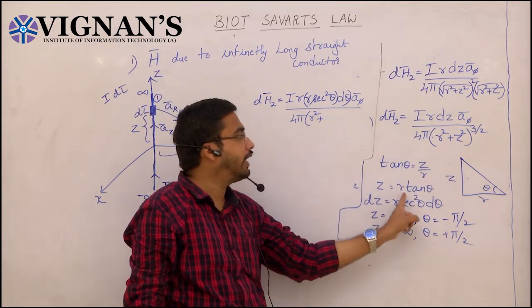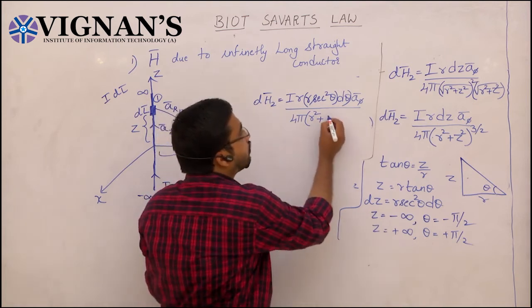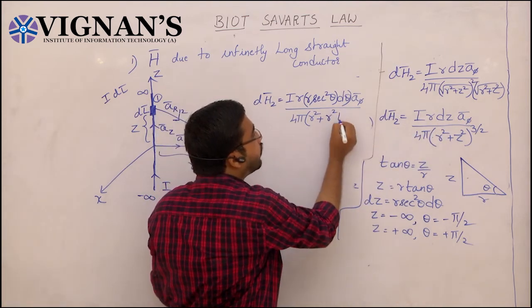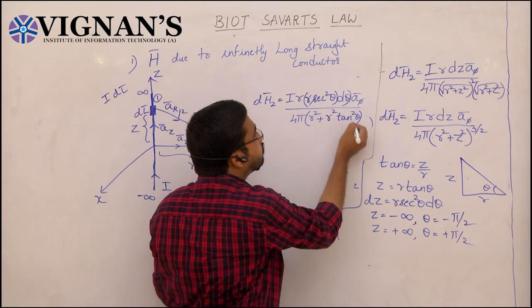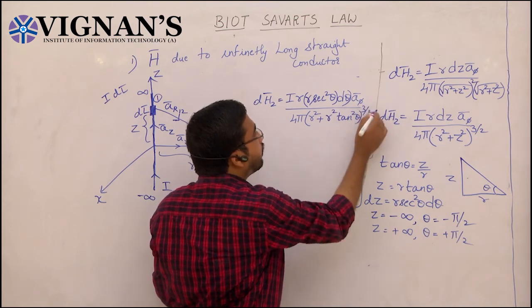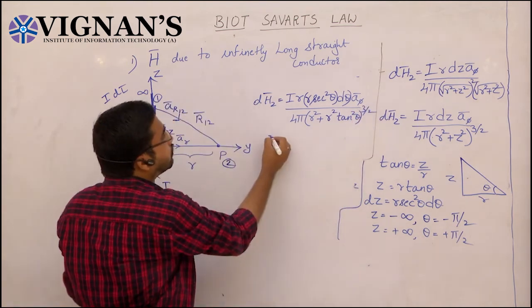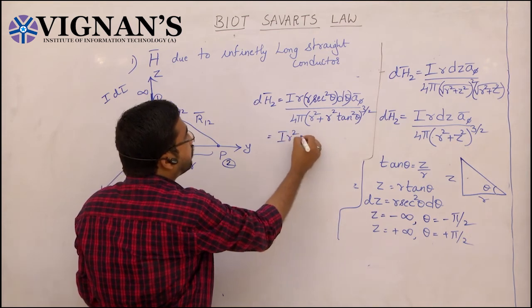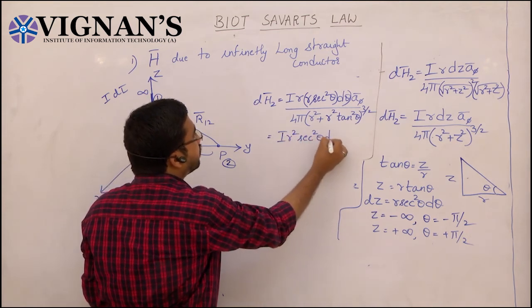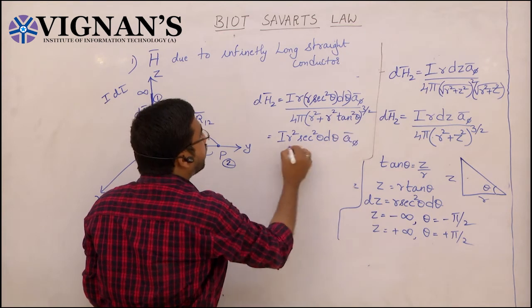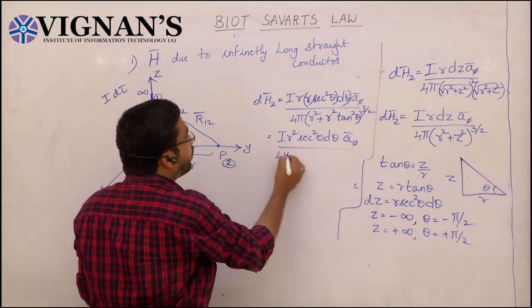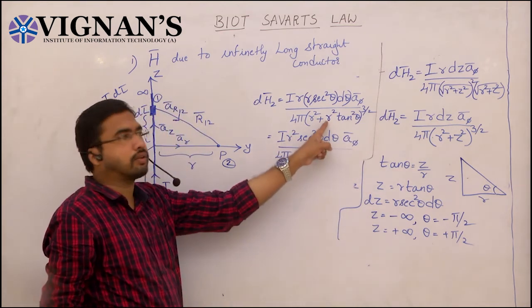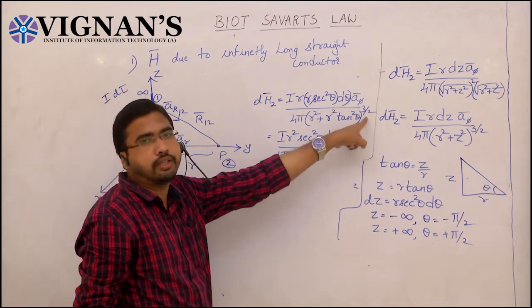In the place of z, we can take r tan theta. So if you do square for that, r square tan square theta whole power 3 by 2. Now I r square secant square theta d theta a phi divided by 4 pi into, if I take r square as common, it will have to the power of 3 by 2.